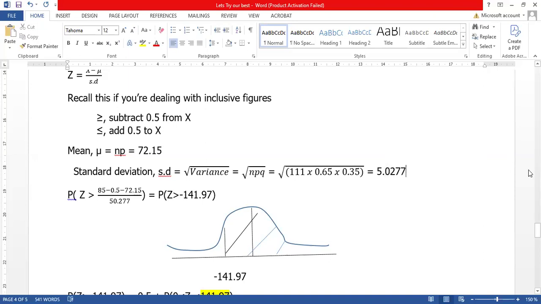Yes. This is 5.0252. Then next here, the final one.